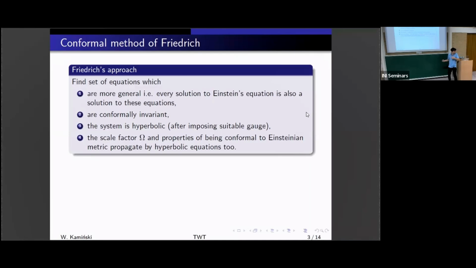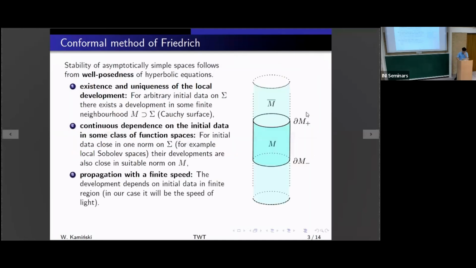If we find such a set of equations, and Friedrich found it, then we can understand the stability of the system. Many properties of these asymptotically simple solutions follow from some very basic properties of hyperbolic systems, namely well-posedness.